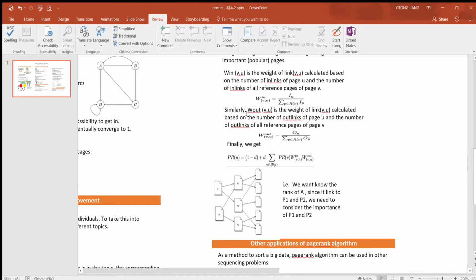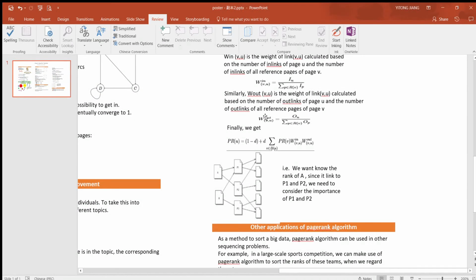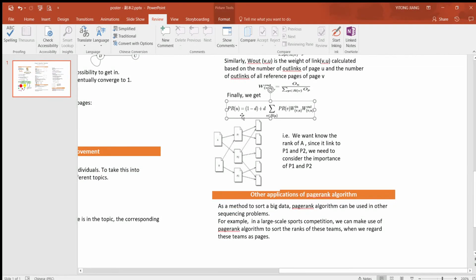Similarly, weight outlinks is the weight of a link calculated based on the number of outlinks of page U and the number of outlinks of all reference pages of page V. We get this formula. Finally, we will have this formula.